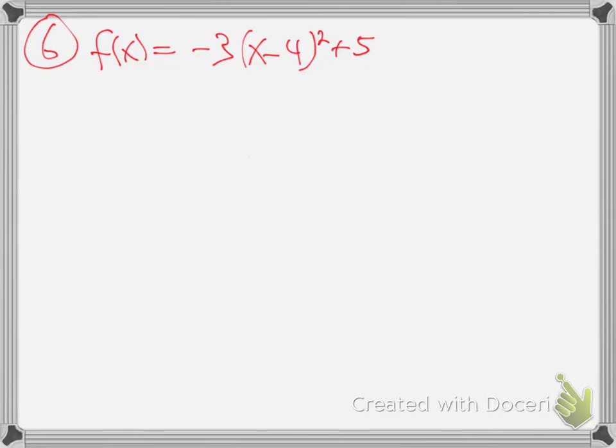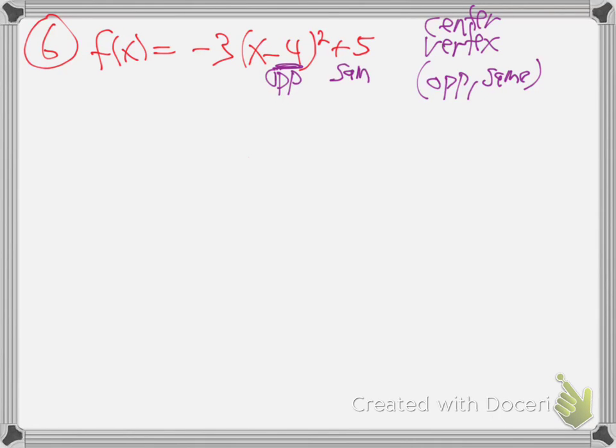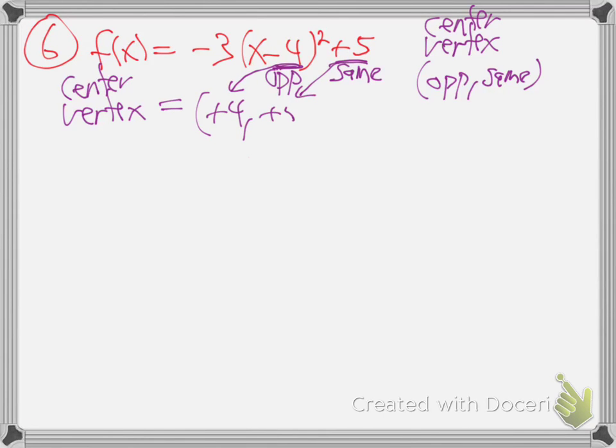How do we get the vertex? The center vertex is always opposite same. So opposite of this number, same as that number. The vertex, the center of the U-shape, will be opposite of -4, so +4, same as the other number, +5.